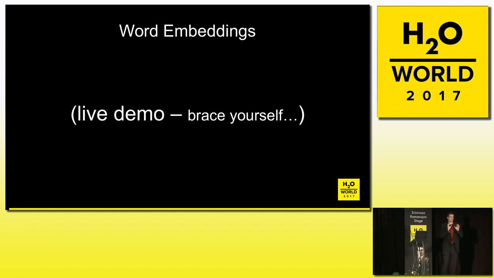And if 2 different words tend to be in the same kind of context, and I'll show some concrete examples in a moment, then the idea is that they're similar in some way, either syntactically similar, so they have the same grammatical purpose, or semantically similar, so same meaning, similar meaning.